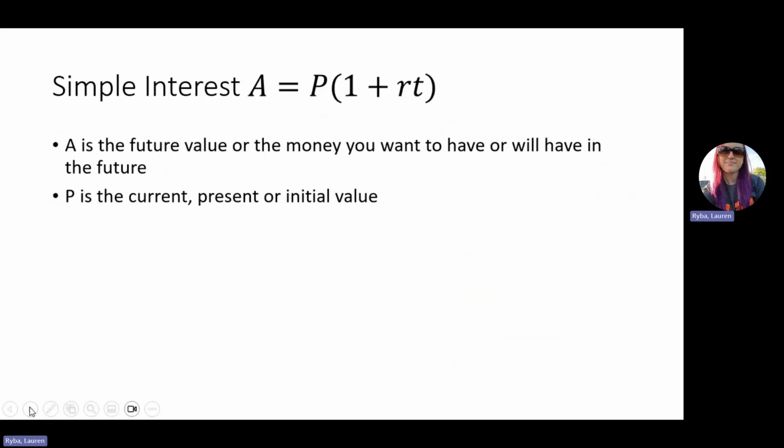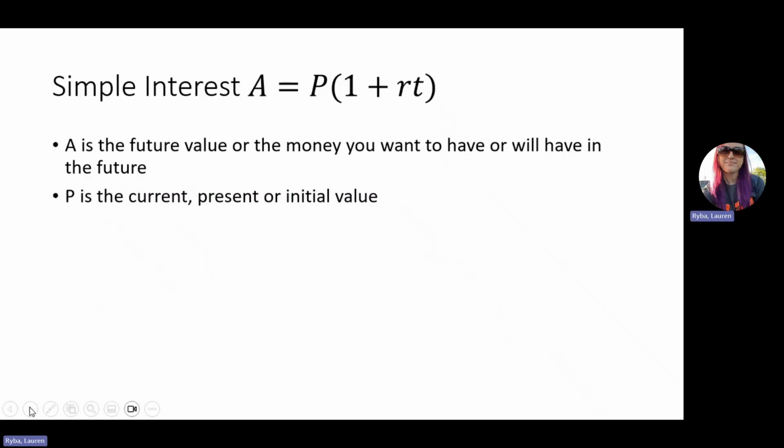We are going to learn one additional formula today. It is still considered a simple interest. However, what it's going to do is, rather than calculate the interest separately and then add it to the principal, it calculates it all together. So in this formula, it's A equals P times the quantity 1 plus RT.